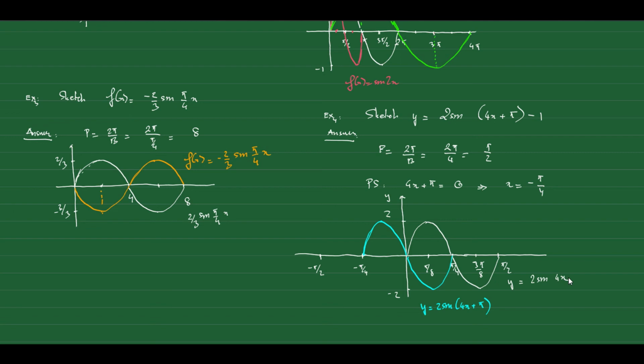Now we're missing this -1, so we gotta move down 1 unit. Let's move everything down.